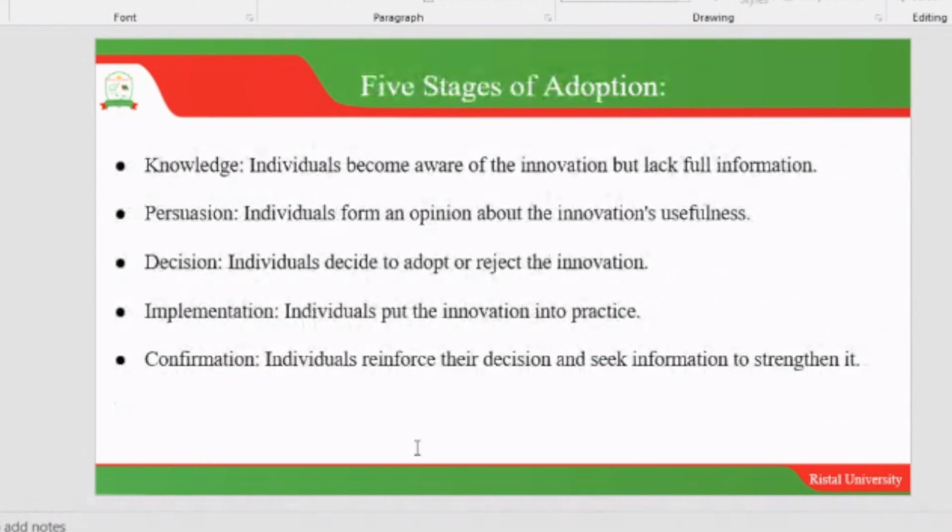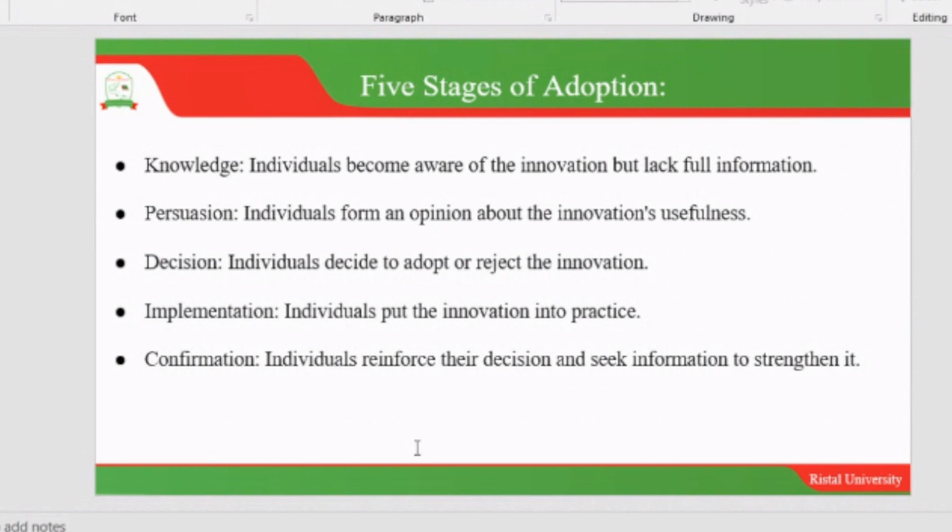So the five stages of adoption, according to Rogers Everett, include knowledge. In this case, individuals become aware of the innovation but lack full information of it.